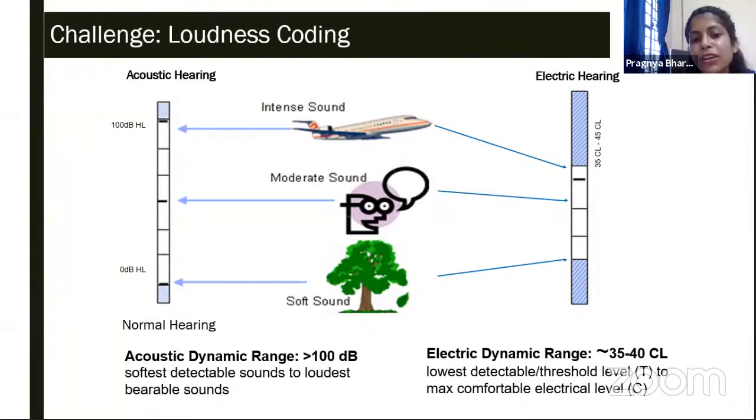So it comes down from hundreds of decibels to hardly about 35 to 40 current levels when it comes to electrical hearing. So these are a few challenges that have to be considered during sound processing through a cochlear implant.